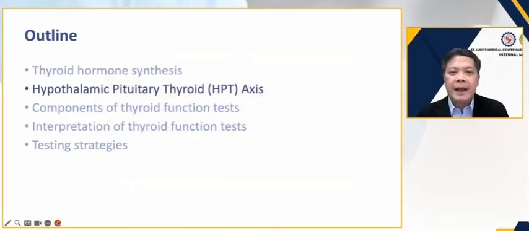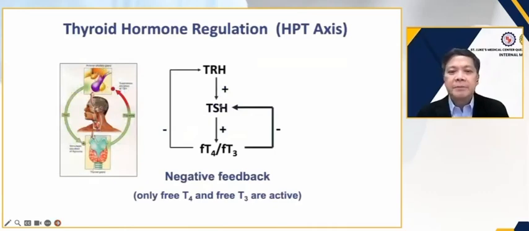So let's talk about how thyroid hormone secretion or release is regulated. Very simple. TRH, or thyrotropin-releasing hormone, from the hypothalamus will stimulate the anterior pituitary TSH, what we call thyroid stimulating hormone, or thyrotropin, to be released from the anterior pituitary.